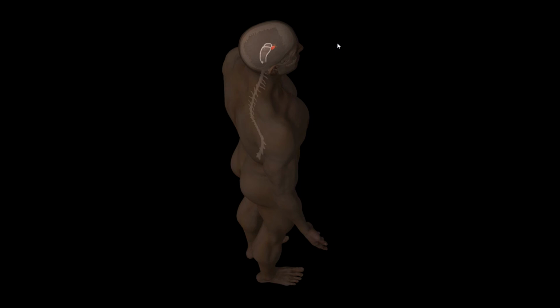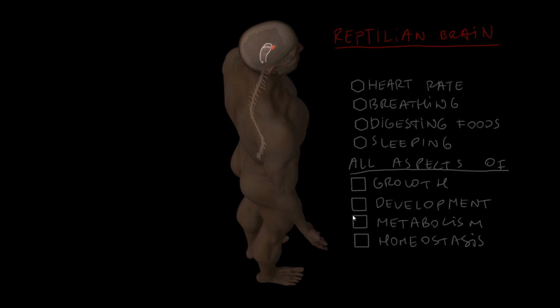This is the most primitive area of the human brain. This reptilian brain may be primitive, but it controls functions absolutely essential to survival, such as heart rate, breathing, digesting food, sleeping. And we already covered that the hypothalamus together with the pituitary gland, located right here, controls virtually all aspects of growth, development, metabolism, and homeostasis.